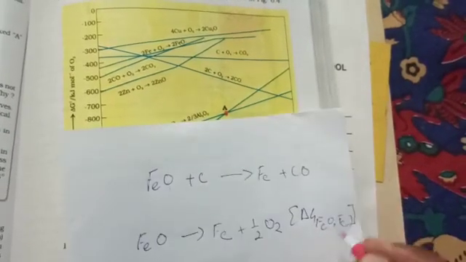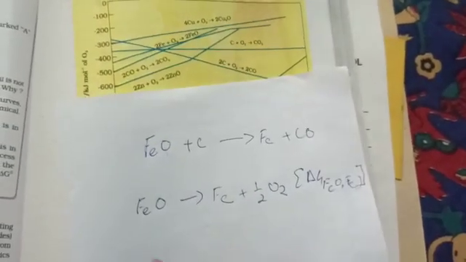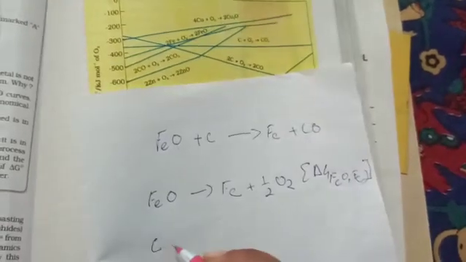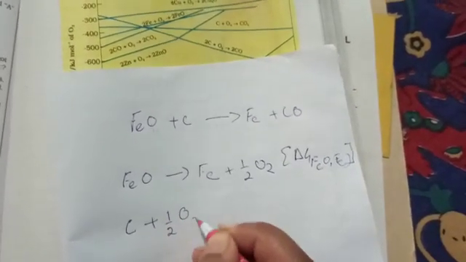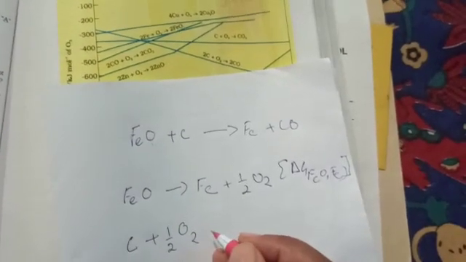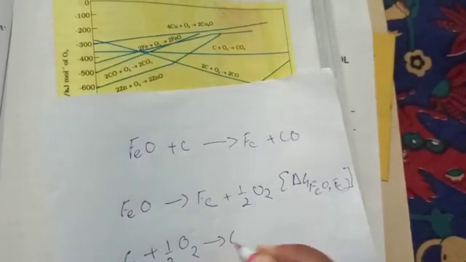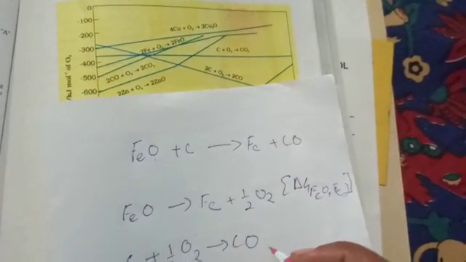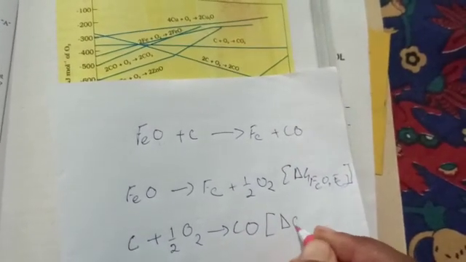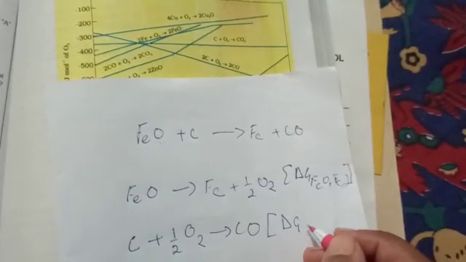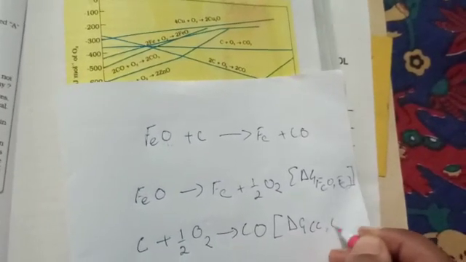Similarly, carbon plus half of oxygen gives you carbon monoxide. So here you can write it as delta G for C and CO.